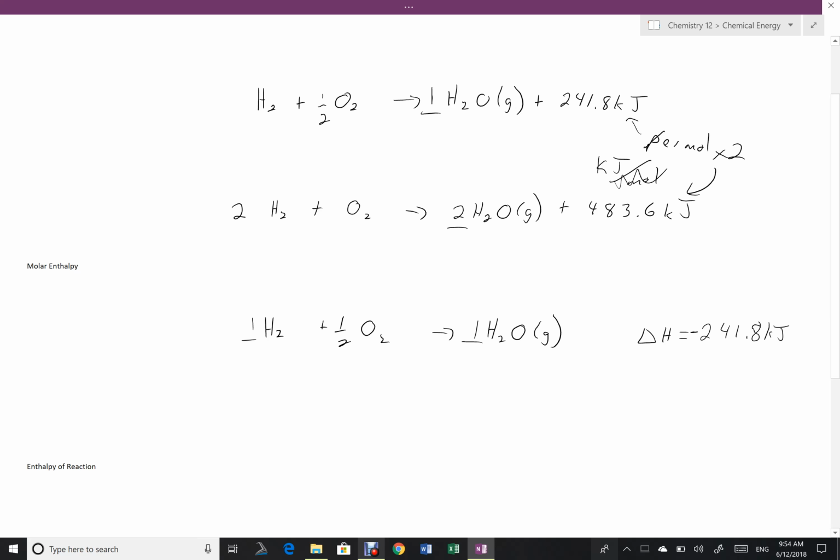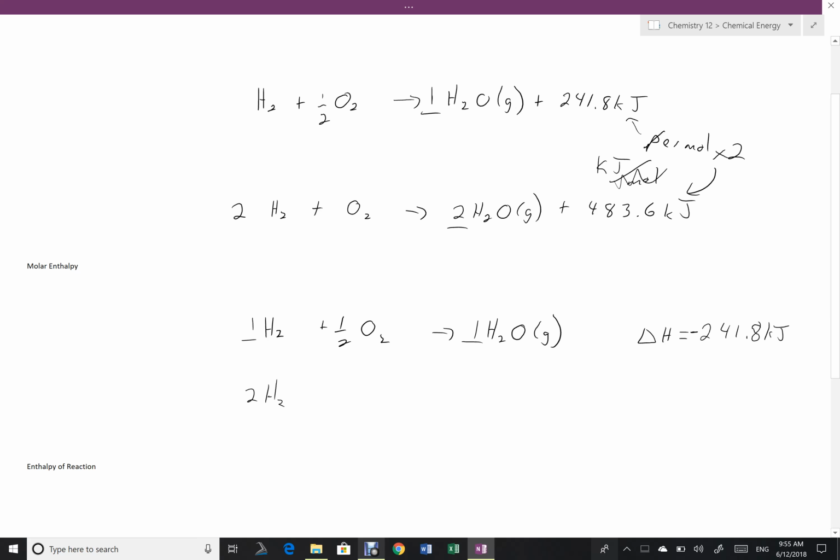I use a negative to represent the fact that my reactants are going to a lower state of chemical potential energy. So they've decreased, or they've been negative. And this again would represent an exothermic reaction, or energy available to the environment. So that's how you use a molar enthalpy. Again, the same rule applies here.